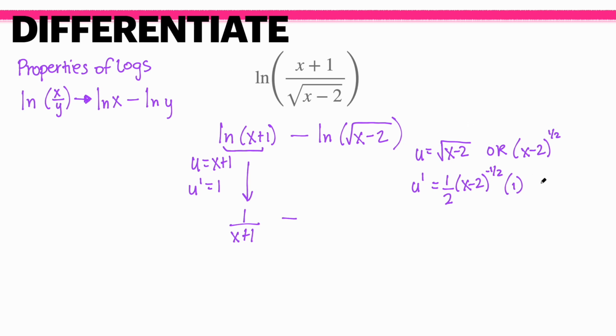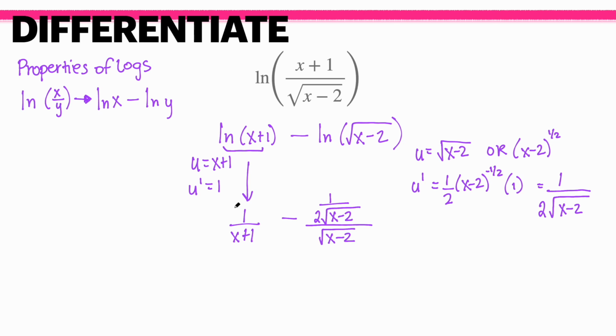Which means u prime is going to be 1 over 2 times the square root of x minus 2. So the derivative of the natural log is going to be u prime, which is 1 over 2 times the square root of x minus 2, all over u, which is x minus 2.